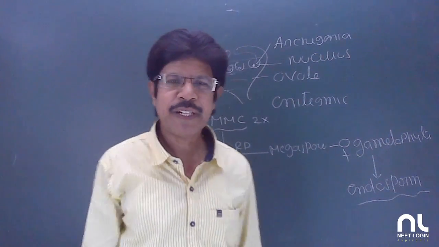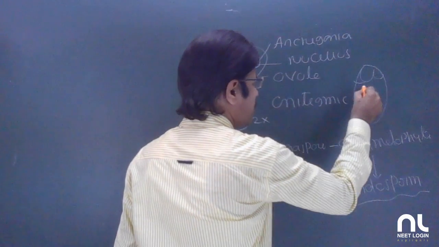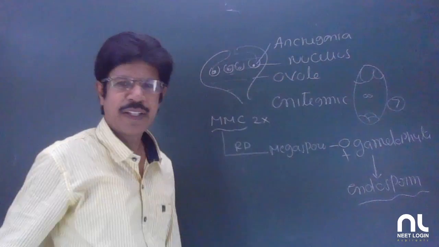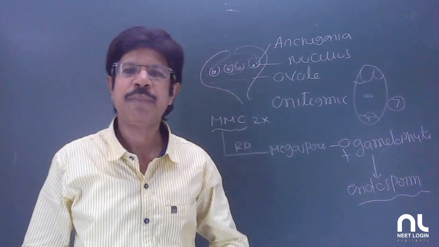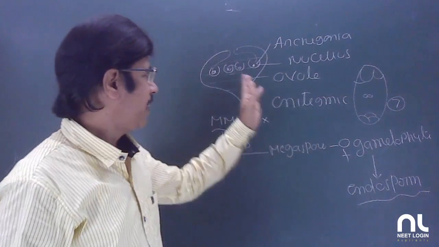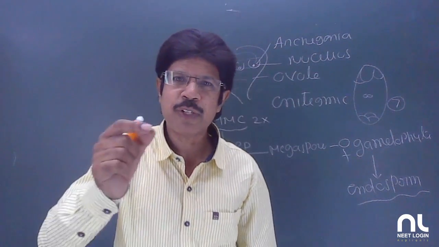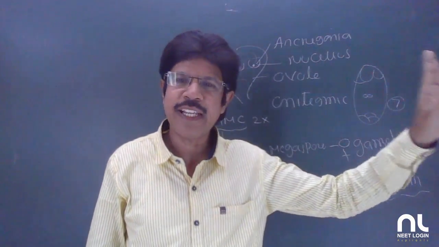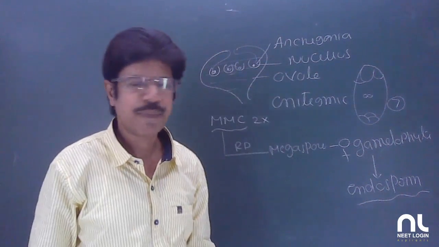If you compare the female gametophyte of angiosperm, how many cells does it have? 7 cells, reduced. In the female gametophyte of gymnosperm, there are many cells. So comparing gymnosperm and angiosperm, which female gametophytes are highly reduced? Angiosperm female gametophytes are highly reduced. 7 cells, whereas here there are many cells.